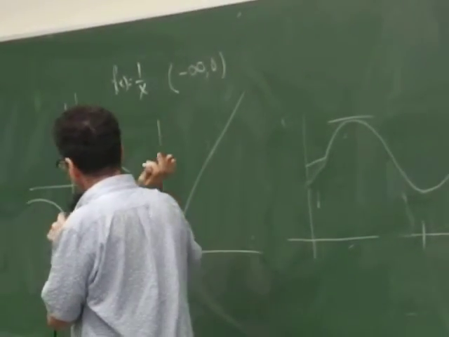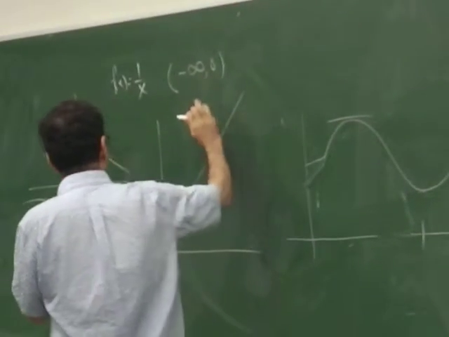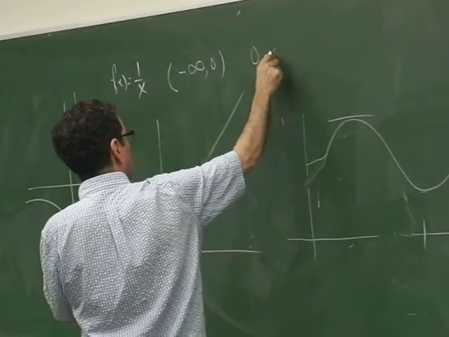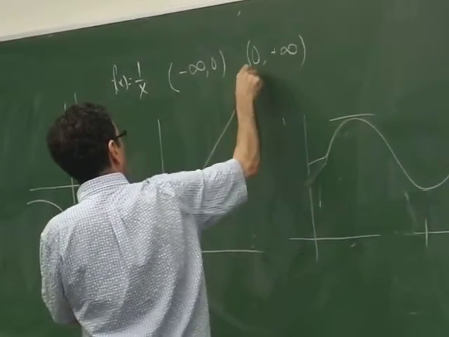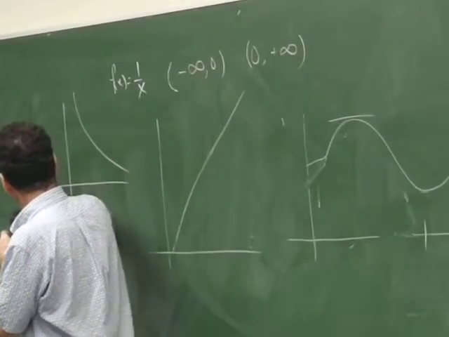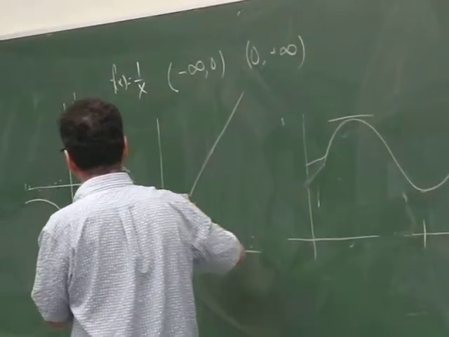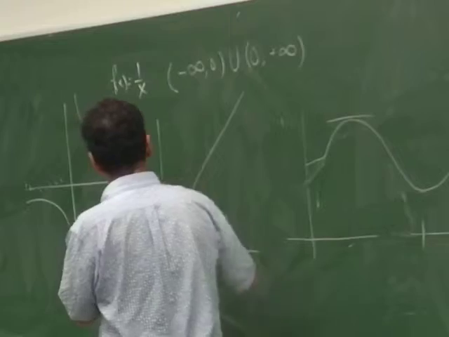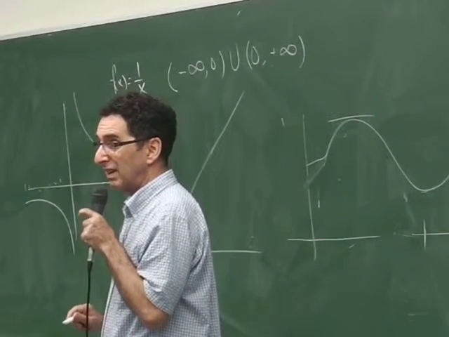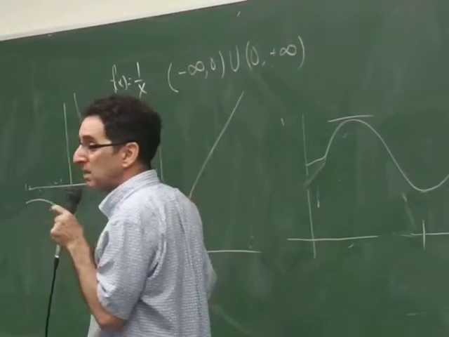That means everything from negative infinity up to 0, but not including 0. And on the other side, from 0 to plus infinity, right? And then this represents a set of points, all these points here, and this is a set of points, all these points here. So we can use set notation to join them, like that. That just means the union of all those points, that's the biggest possible domain.